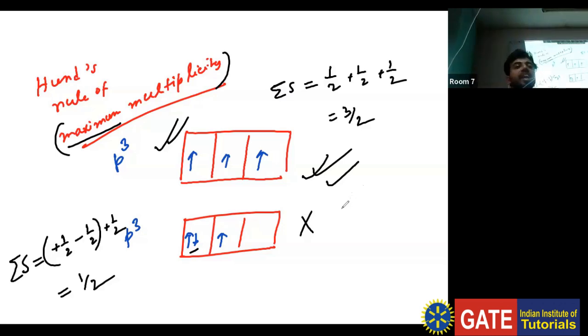You can try for d. D5, you can try. It will be 5/2. If you pair up, it will become only half again. D5 system, can you calculate for the d5 system? What is the spin multiplicity value? Maximum multiplicity will be coming 5/2. Shall I clear it out? Someone is writing.